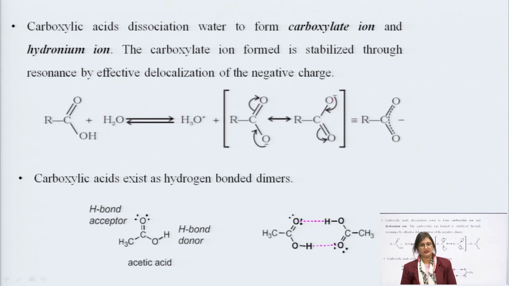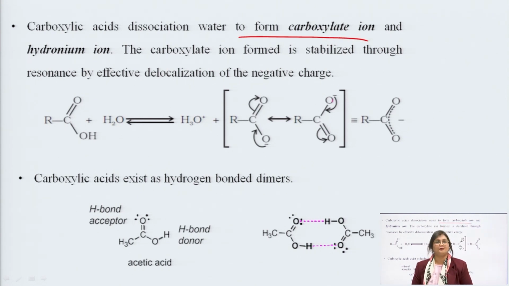Now, let us look into a few properties of carboxylic acids. Carboxylic acids dissociate in the presence of water to form the carboxylate ion. When carboxylic acid is dissolved in water, it dissociates to form the carboxylate ion along with one hydronium ion.